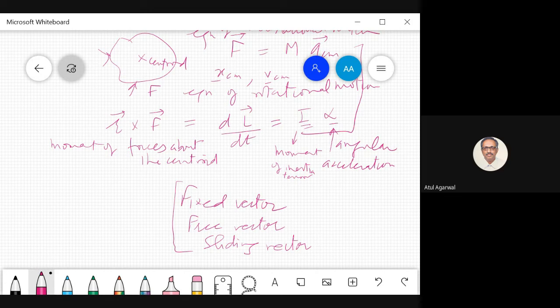Fixed vector means, so suppose we talk of force. So force has got three important concepts with it. Number one, magnitude. Number two, direction. Number three, point of application of force.